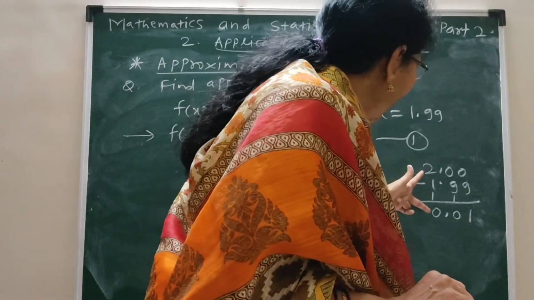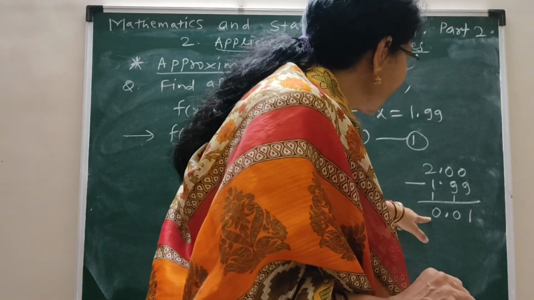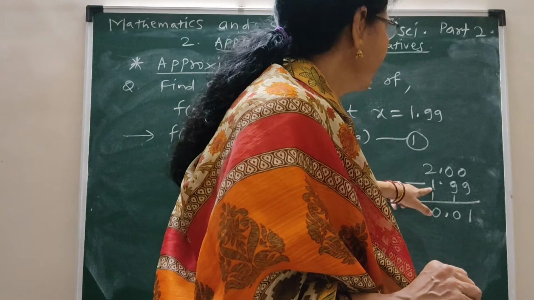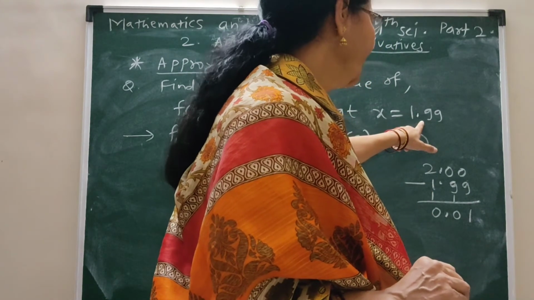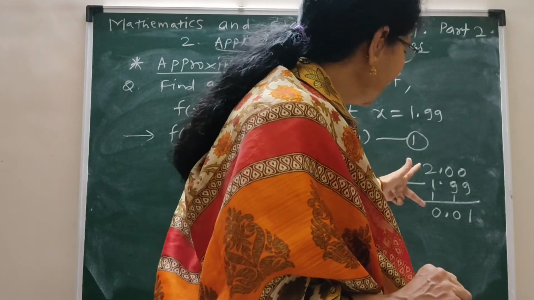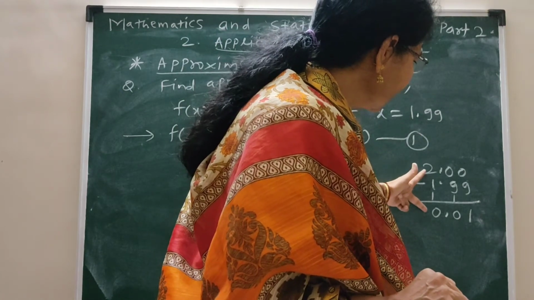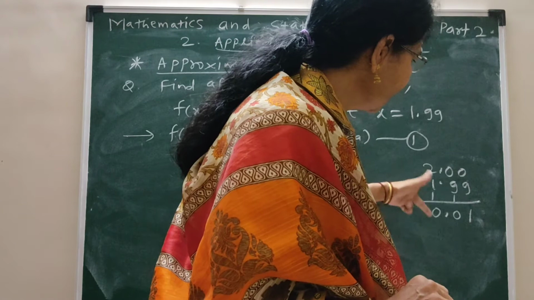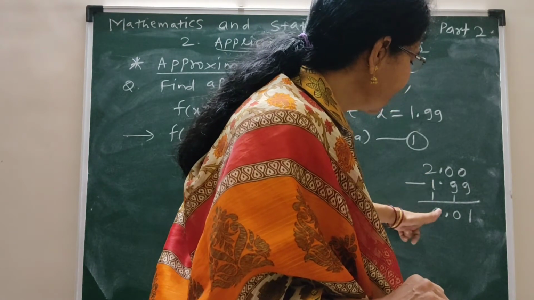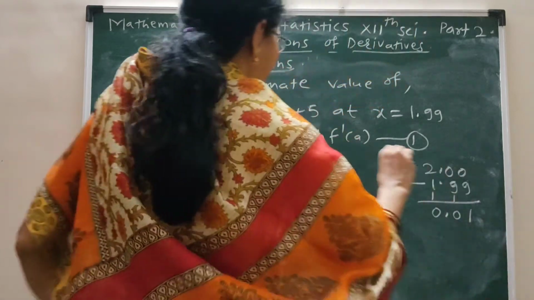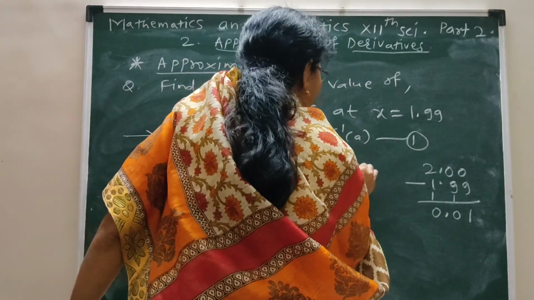If we add this with the negative sign, we get this value. So write this h with negative sign: minus 0.01.